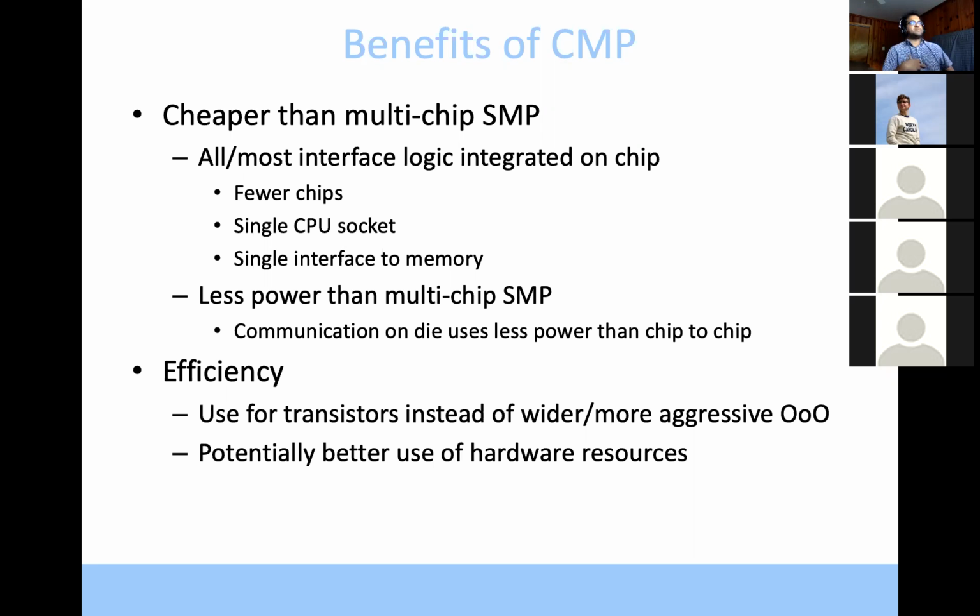CMP tends to have more resources shared between cores, so you end up with less power for the whole thing, because most interface logic is on the chip, so getting signals to it is cheaper. You have to multiplex it between things, so you can have simpler multiplexing structures when the distance that you're traveling is less.